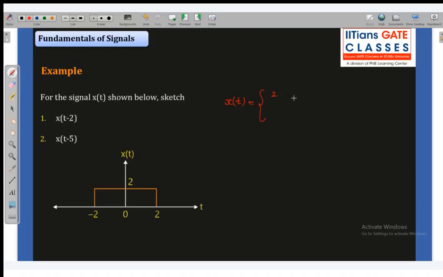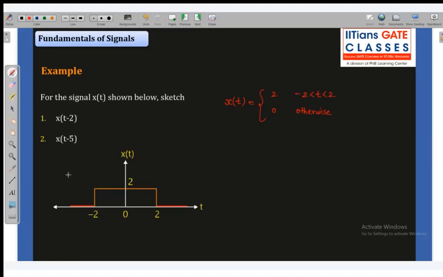We will write that it has the value 2 from minus 2 to 2, and 0 otherwise. At other places it has 0. So this is 0, this is 0, and from minus 2 to 2, it is 2.